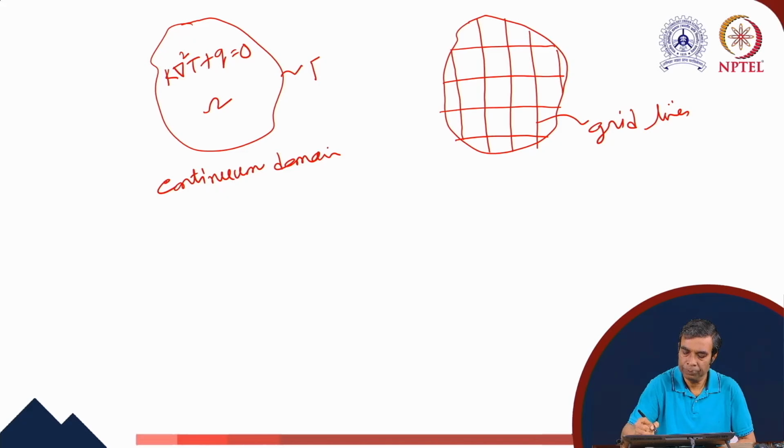We have vertical grid lines and then we have horizontal grid lines. The intersection of grid lines generates the nodal points where we solve for the unknown quantities. So these closed circles are the nodal points. The nodal points that are located at the boundary are the boundary nodal points at which we implement the boundary conditions.